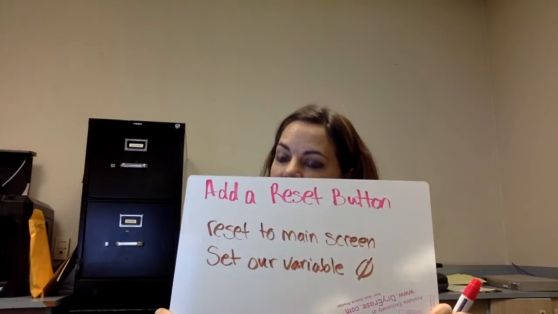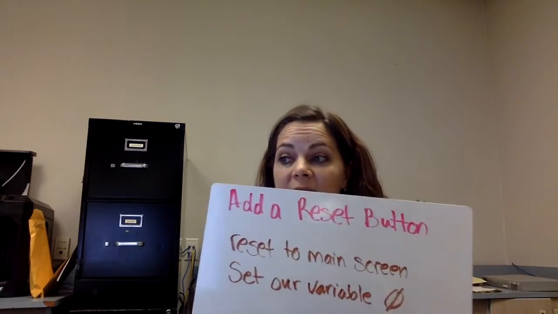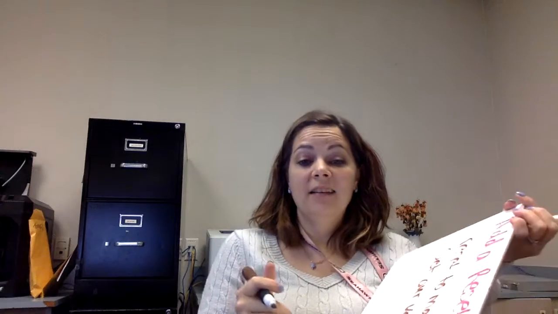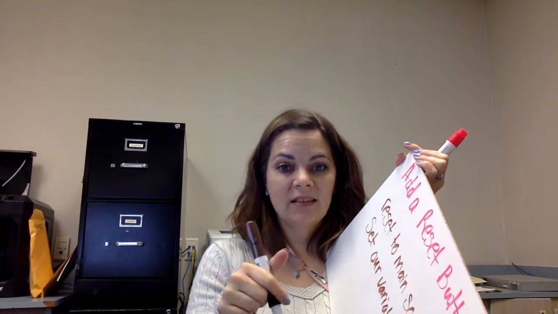Then we want to set our variable back to 0. And set it so that our counter, the text, shows up as 0 as well.